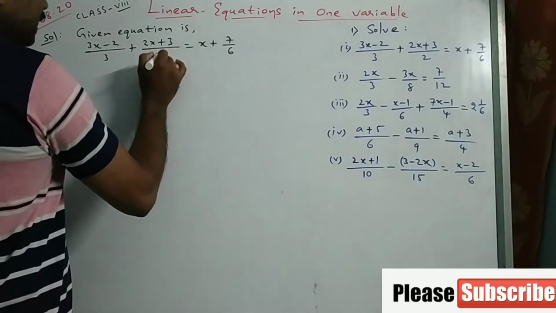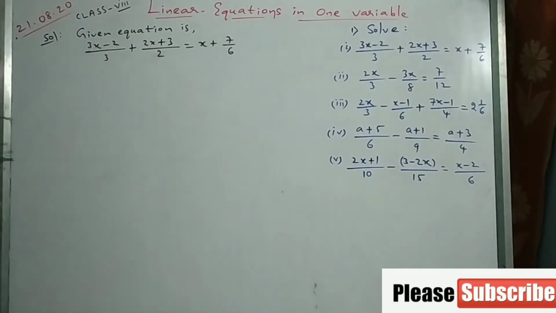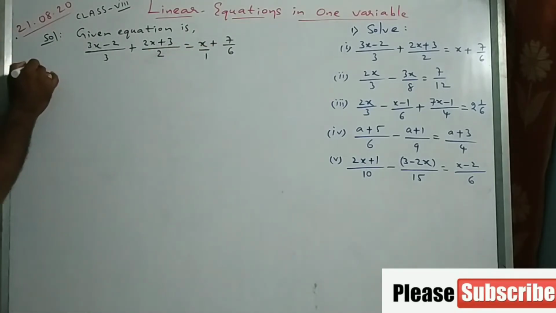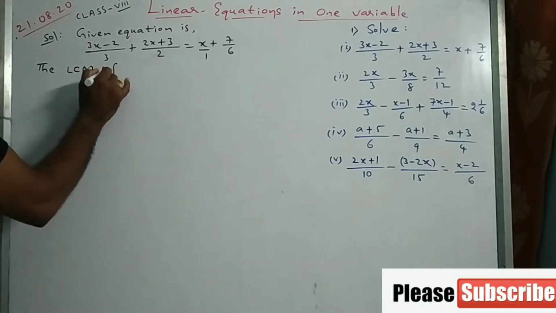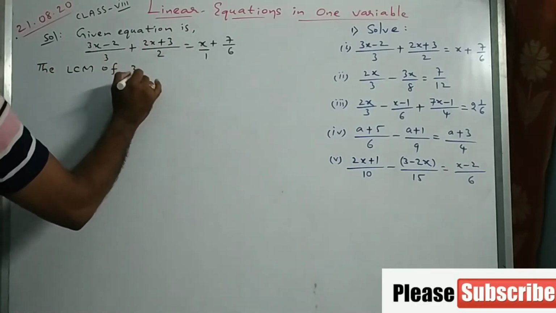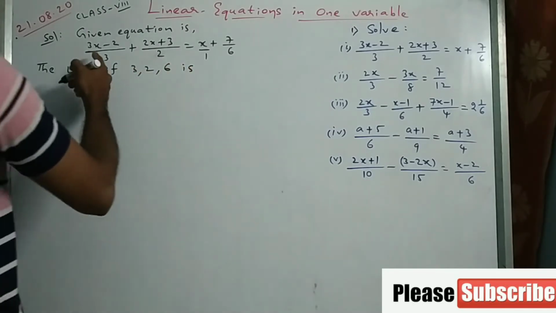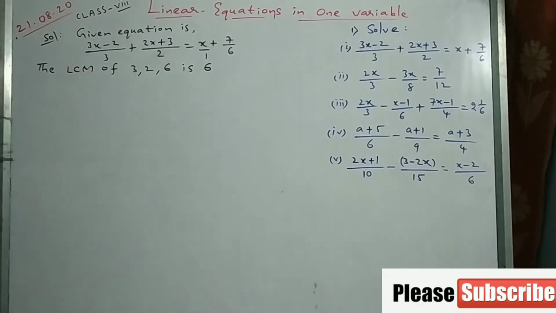Simple method I'll tell you. First, you take the LCM of denominators. What are the denominators here? 3, 2, 6. What is the LCM of 3, 2, 6? Yes, 6. You know it already.